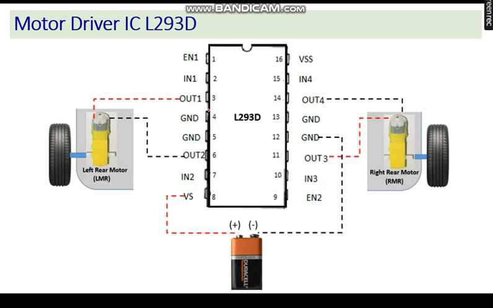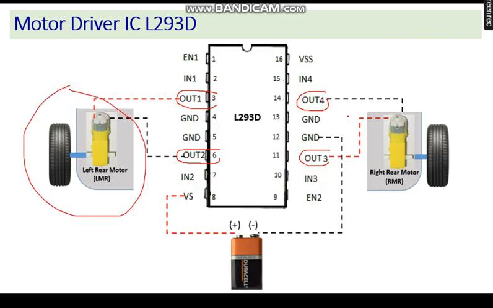If we connect the motor across pin number 3 and pin number 6, we can connect one motor. Another motor is across pin number 14 and pin number 11. One motor is on the left side and one motor is on the right side.